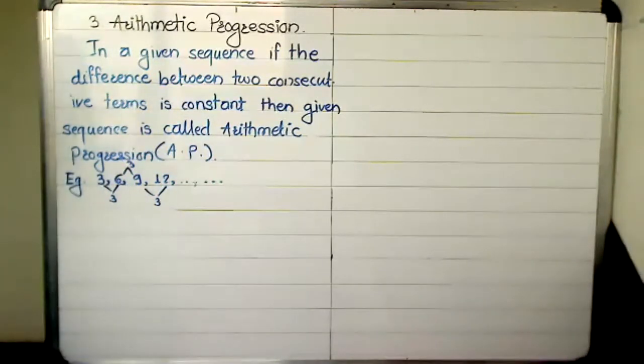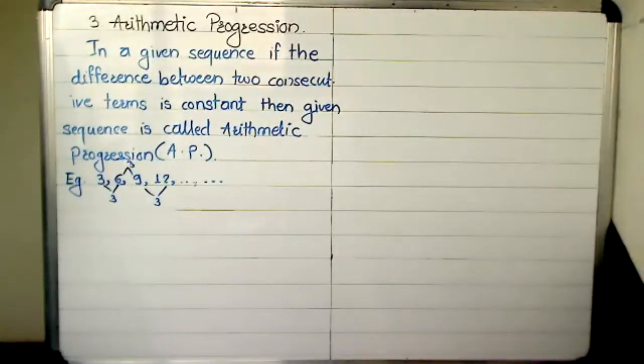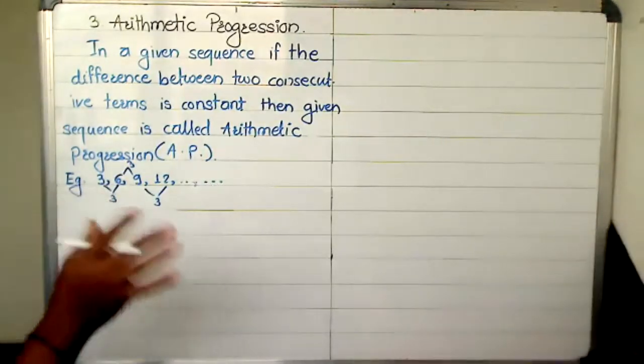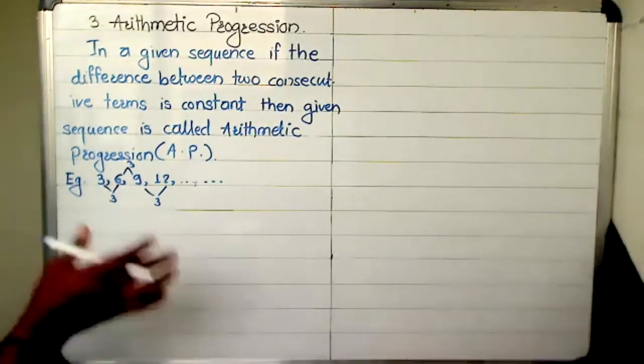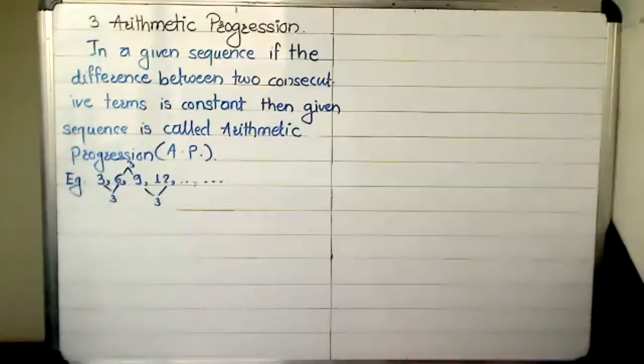Now this difference is called the common difference. In an arithmetic progression, the difference between two consecutive numbers is called the common difference, and it is denoted by small letter d.